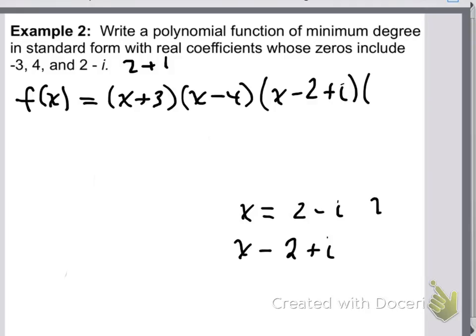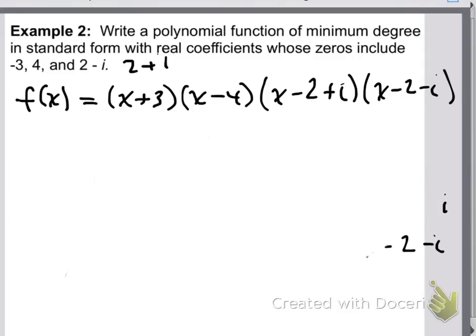Right, and then x equals 2 plus i, so x minus 2 minus i, that's also going to be a linear factor. Alright, and so I have my 4 linear factors here. Now what I'm going to have to do is go ahead and FOIL these first two.